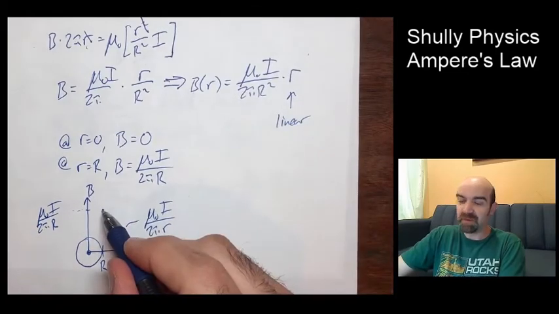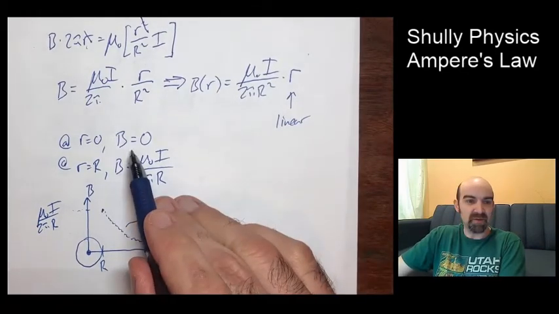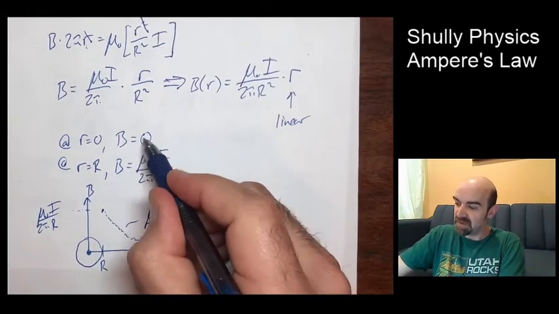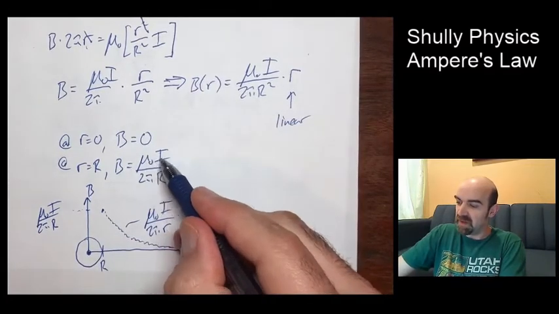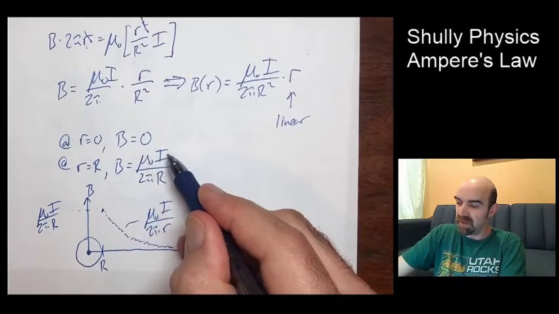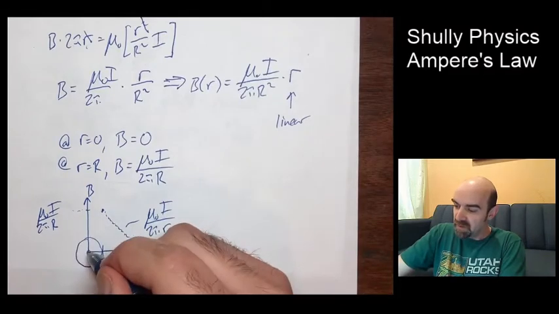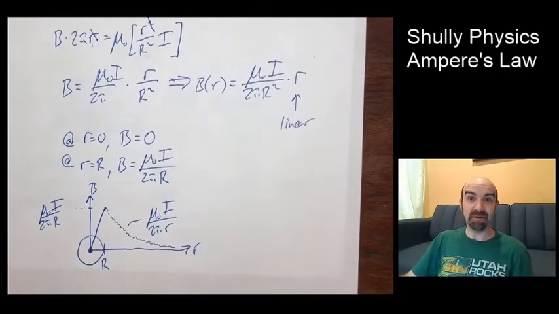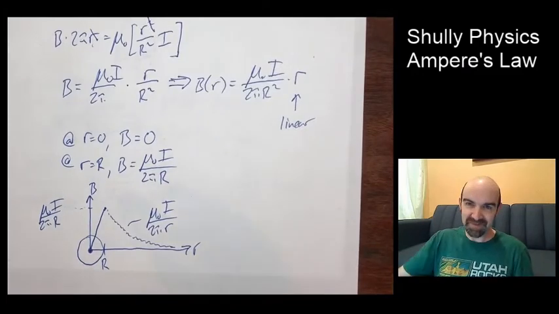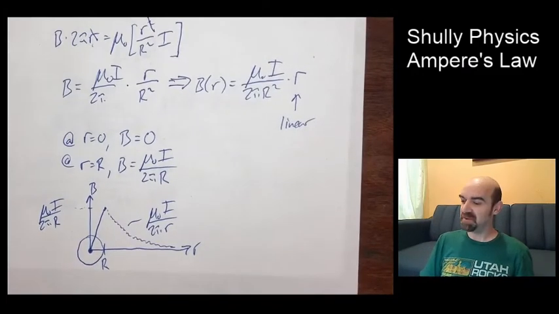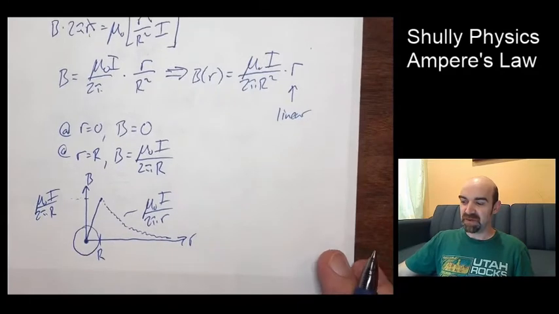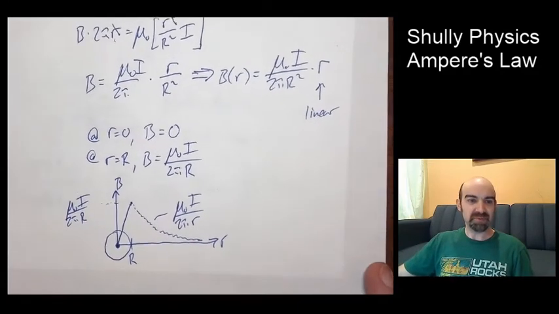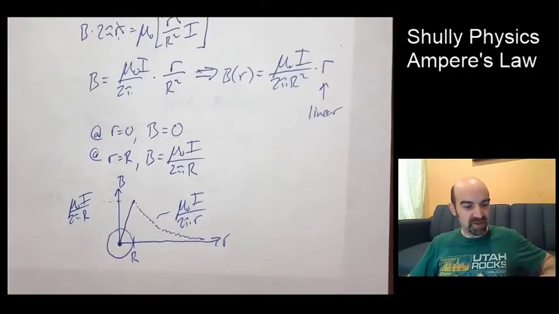And that's where both of the graphs will meet up. We're going to have, on the inside, a line starting at 0 and reaching up to mu naught I over 2 pi R. So there's going to be a straight line increasing there. We're looking at the magnetic field inside of a wire, something we could never really measure with an instrument. So that's one application of Ampere's law, magnetic field inside of a wire.